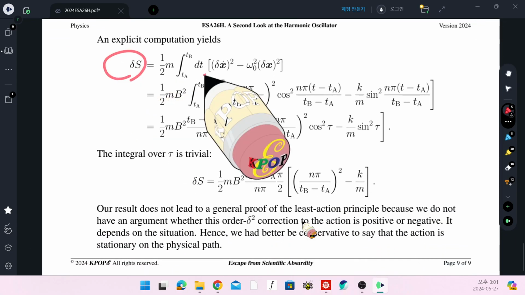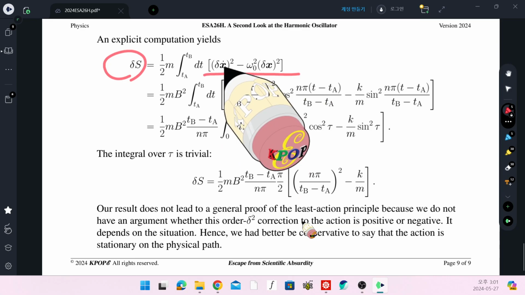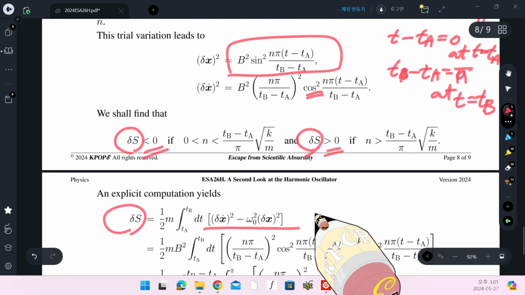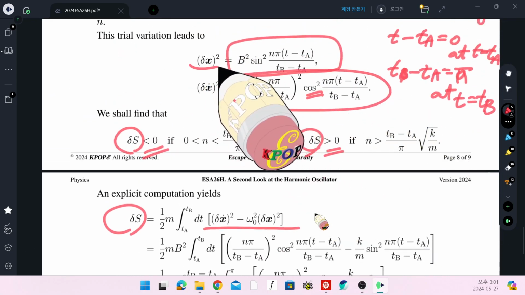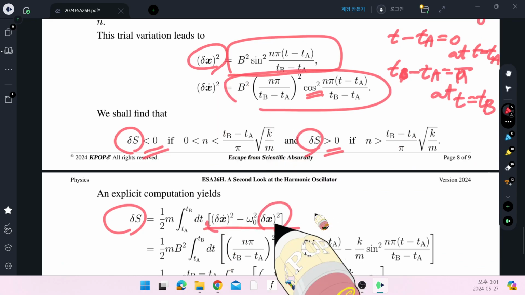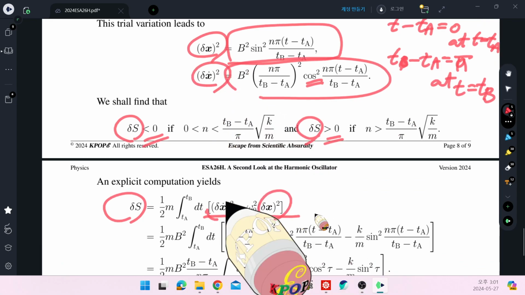Delta s, and we substitute these values for delta x squared and delta x dot squared.